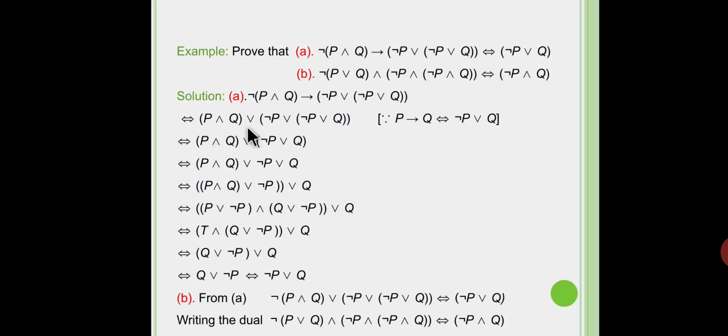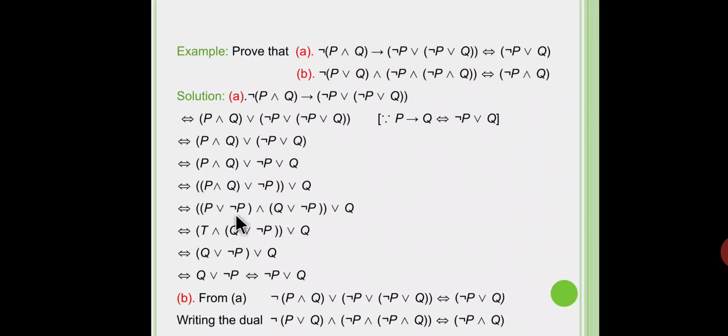We have negation of (P and Q) or (negation P or (negation P or Q)). Here we apply the associative law: negation P or negation P gives negation P, with the remaining or Q. So P and Q, grouping P and Q or negation P or Q. By applying the distributive property, we have (P or negation P) and (Q or negation P or Q).